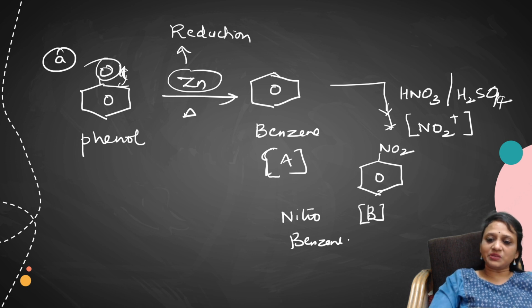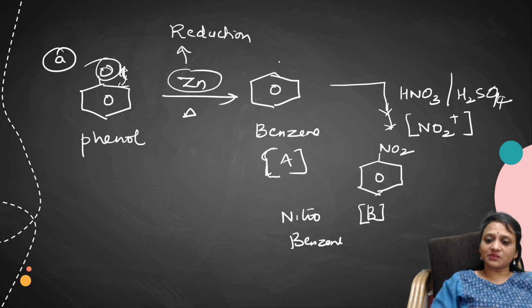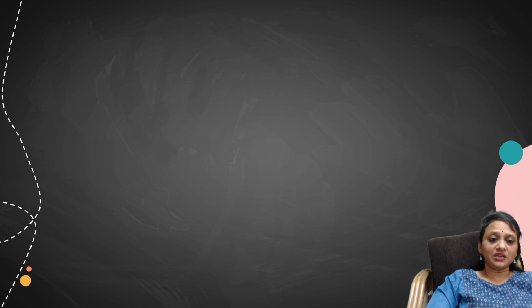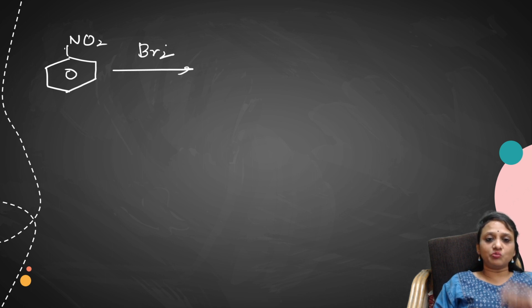Now A and B are over, students. I got A, I got B. Now I'm going to take B. What did they do? They have taken B and treated it with bromine. You very well know, students, this nitro is meta-directing.